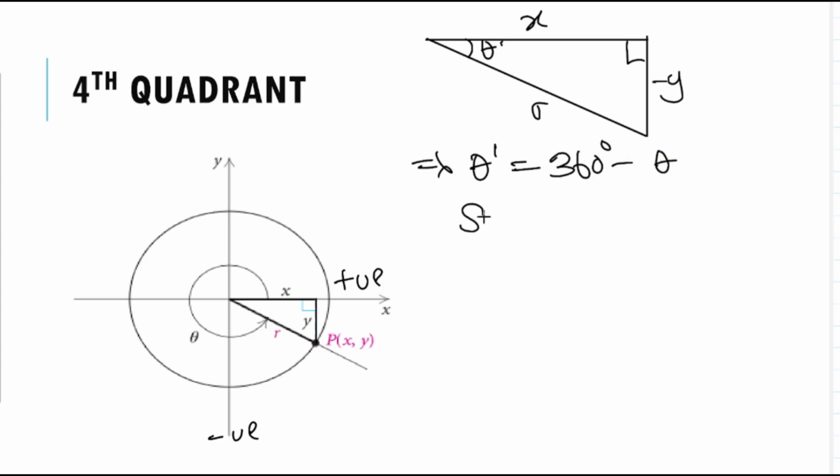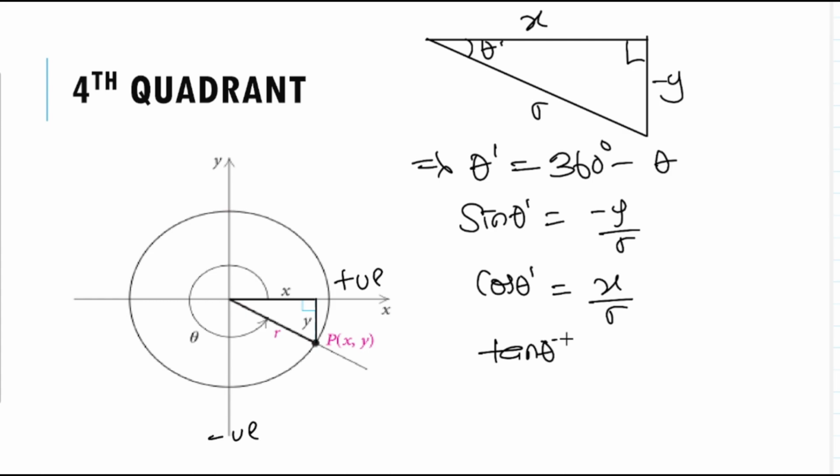Therefore sine theta prime equals opposite over hypotenuse, which is negative. Cos theta prime equals adjacent over hypotenuse, which is positive. Tan theta prime equals opposite over adjacent, which is negative.